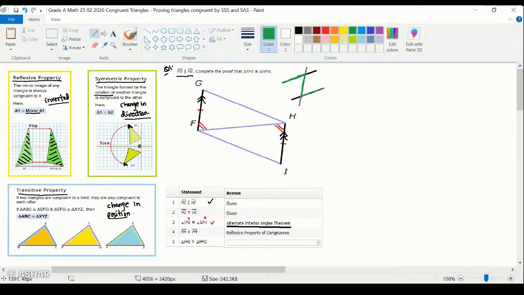Whenever the alphabet Z is being formed, then these two angles would be known as alternate interior angles.